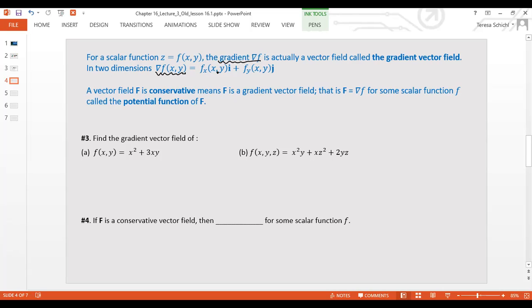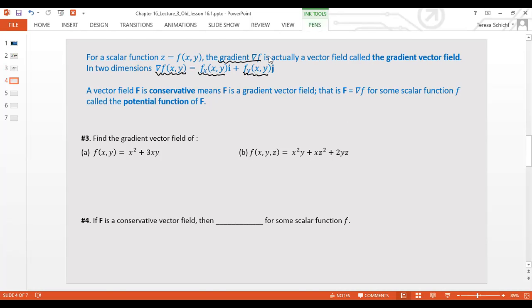We say it's partial x, partial y here. So the gradient vector is in fact a vector field, because for every x, y you can use this function to create the scalar field components for the i, and for the j here.